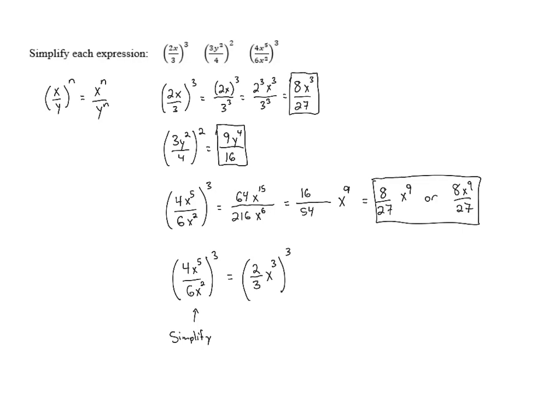And now that we've done this, we can distribute that exponent to everything on the inside, and the things on the inside are a lot smaller. If you take that 2 and cube it, you get 8. 3 cubed is 27. And then on the top, x cubed cubed is x to the 9th. And we get the same answer that we had before, but with a lot less work.